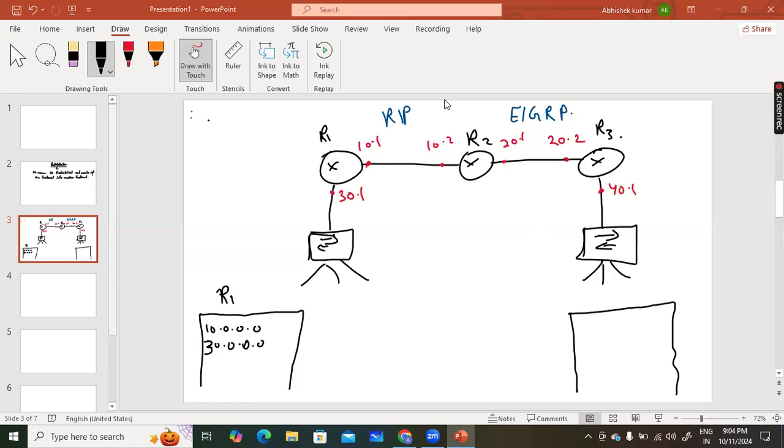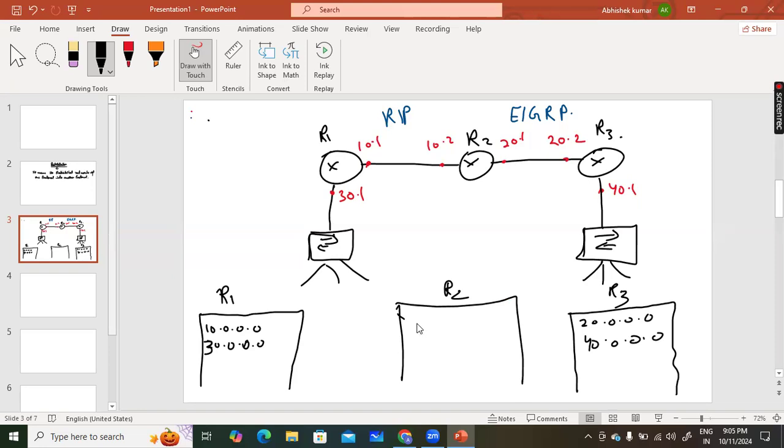Router works on different networks, not different protocols. And the R2 routing table is something like that.